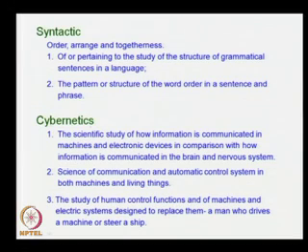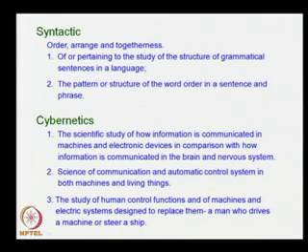And cybernetics. Number 1: the scientific study of how information is communicated in machines and electronic devices in comparison with how information is communicated in the brain and nervous system. Number 2: science of communication and automatic control systems in both machines and living things.